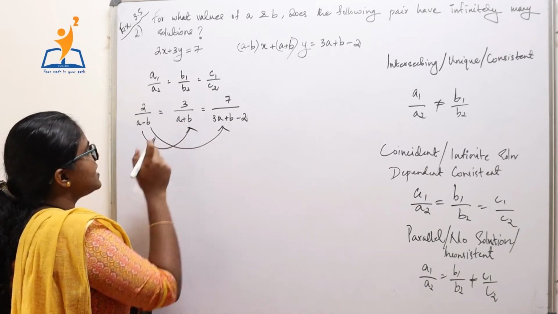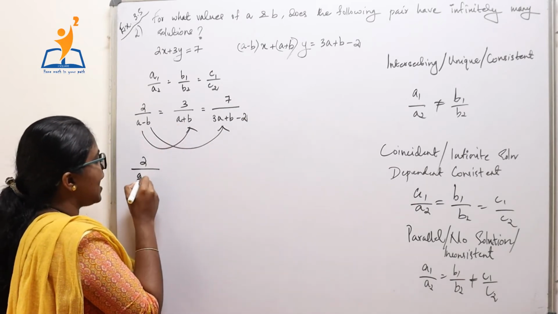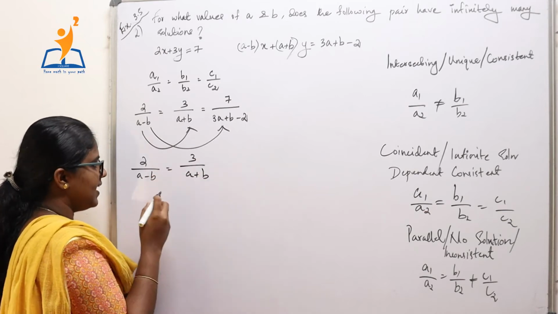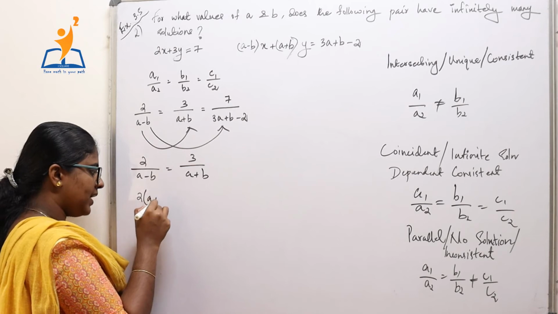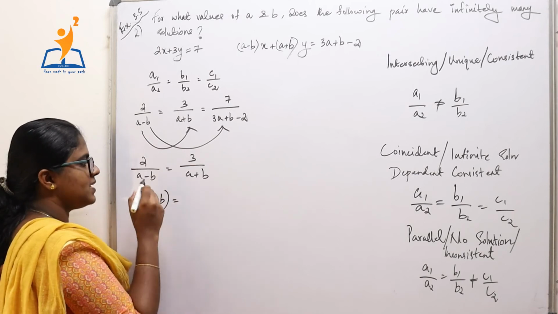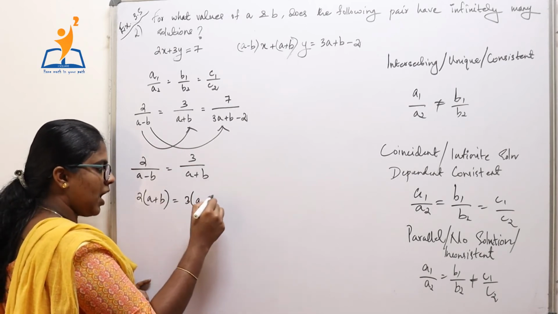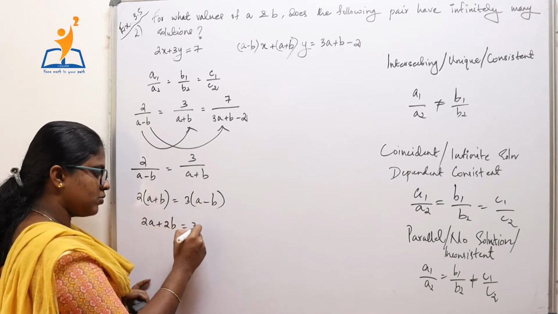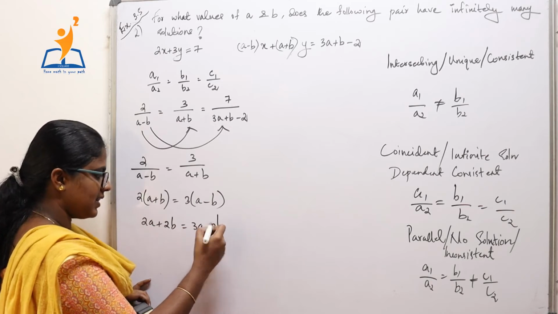First of all, we will equate these two equations, that is 2 by a minus b is equal to 3 by a plus b. By cross multiplication, we will get 2 into a plus b is equal to 3 into a minus b. That is 2a plus 2b is equal to 3a minus 3b.